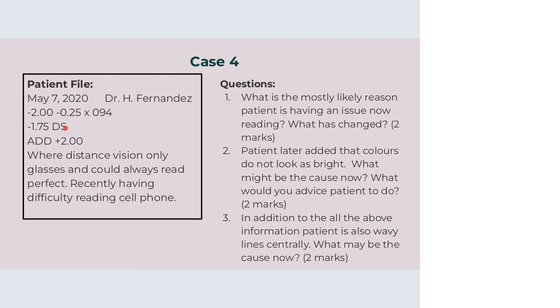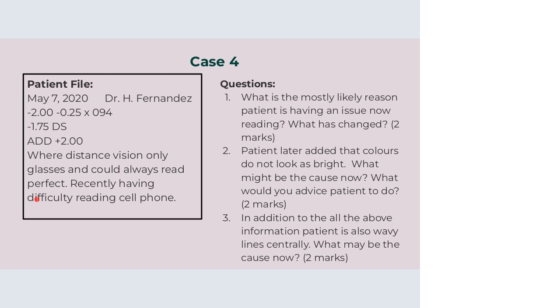And then in the left eye, if we add the +2 to the 1.75, we would have +0.25. So that's essentially no prescription, right? It's very little. Most people with that kind of prescription, if it was a distance prescription, would not be walking around with it. So that's why they were able to take their glasses off to read.